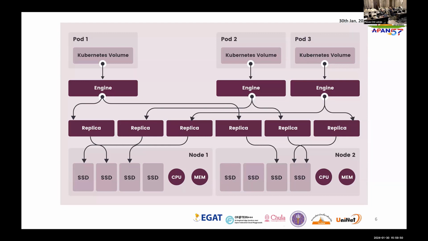The main idea is that for each pod, we don't care which node it runs on. The engine is like the storage engine, the mechanism that lets a pod utilize the physical node storage across nodes.